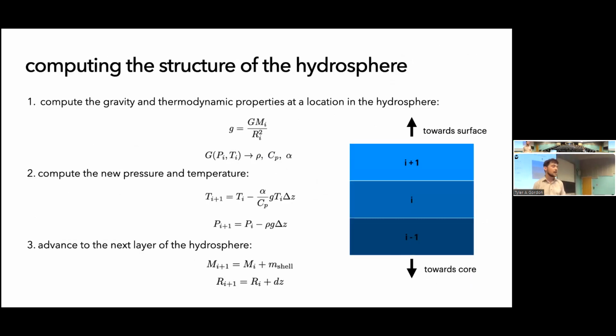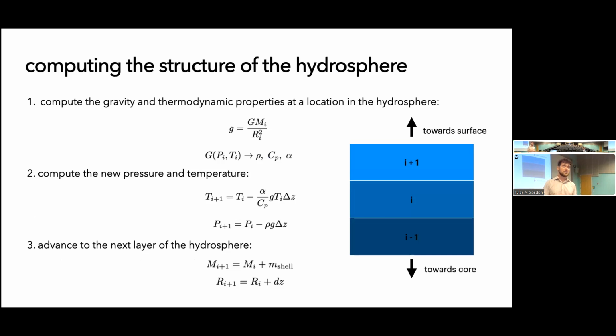Okay, so now I just want to walk briefly through how we actually compute the structure of this hydrosphere. So what we do here is I want you to imagine that we're integrating upwards from the interface between the base of the hydrosphere and the rocky core. And we take layer by layer, we compute using the representation that we have for the Gibbs energy, the properties that we need of the ice at that location.